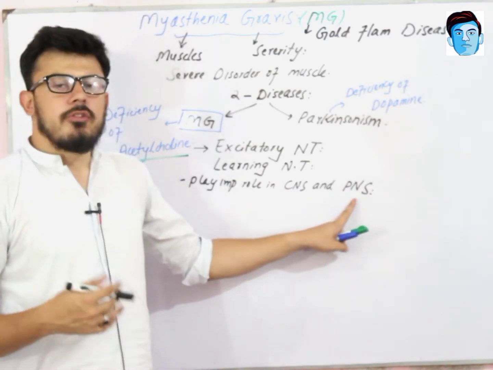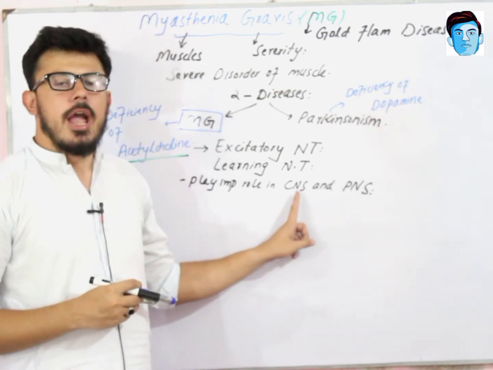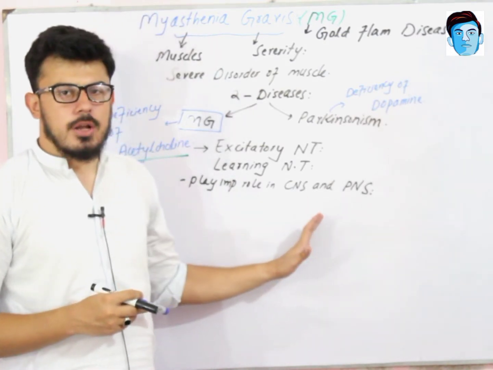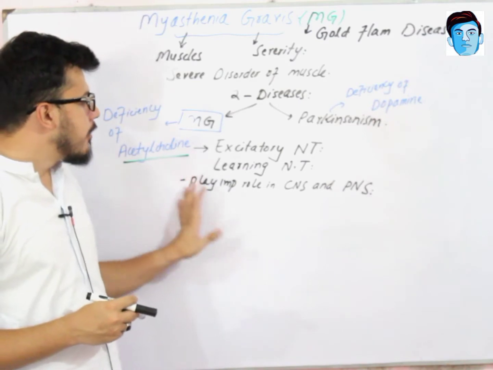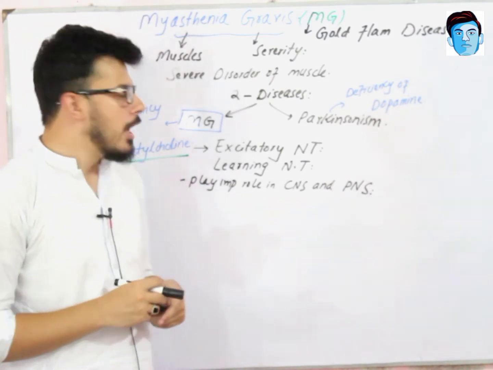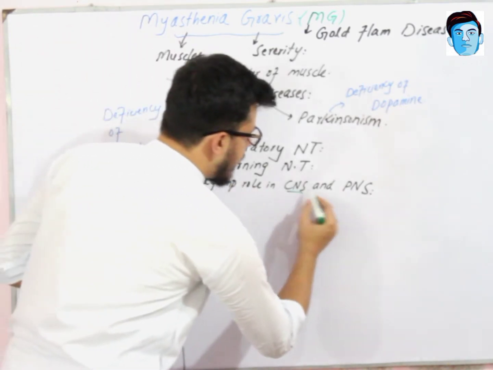The function of the peripheral nervous system is to give information to the CNS, and from the CNS the information reaches the body organs through the peripheral nervous system. So how does it play a role in the CNS and PNS?